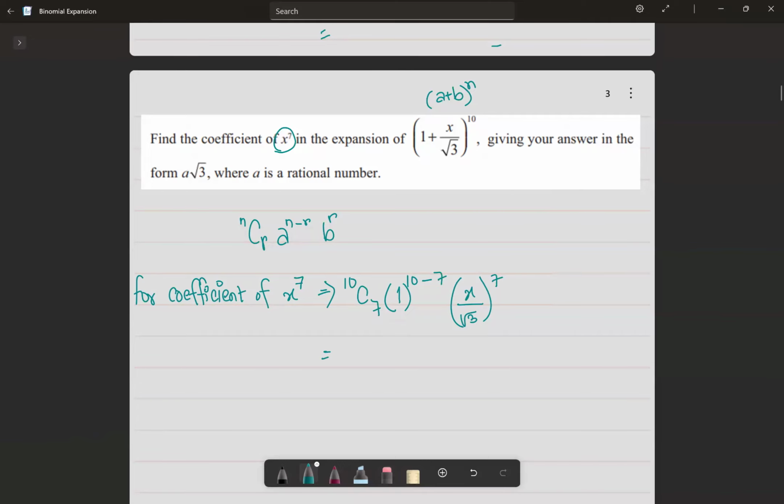So this gives us 10C7. 1 to the power anything is 1 only. And then we get x to the power 7 by root 3 to the power of 7.